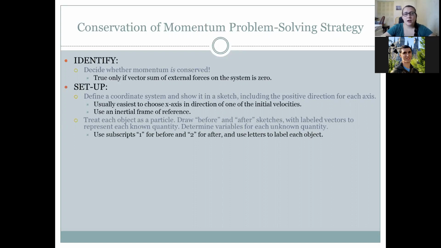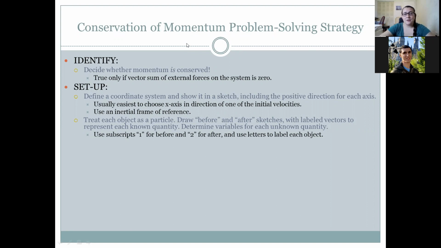We're going to treat each object as a particle and draw a before and after sketch. So before and after the collision, showing what the velocities are doing, what the motion of each object is like, and if we know any other details, things like masses or angles or quantities like velocity numbers, we'll include those in our drawing as well.